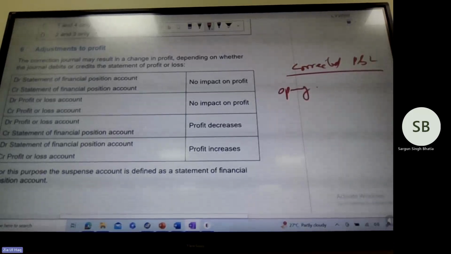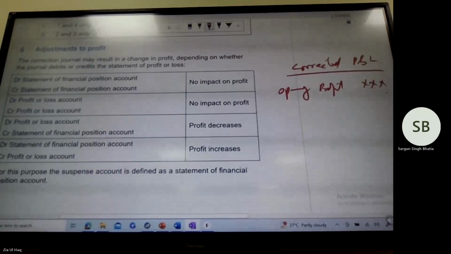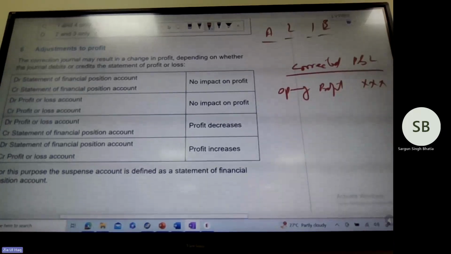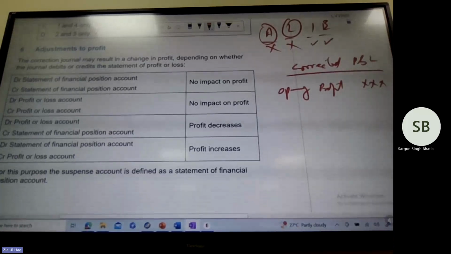We need to check what the opening profit was, and whether income will increase the profit or decrease the profit. There are 4 account heads: assets, liabilities, income, expenses. Assets and liabilities have no link with the profit. Only income and expenses have a link with the profit.